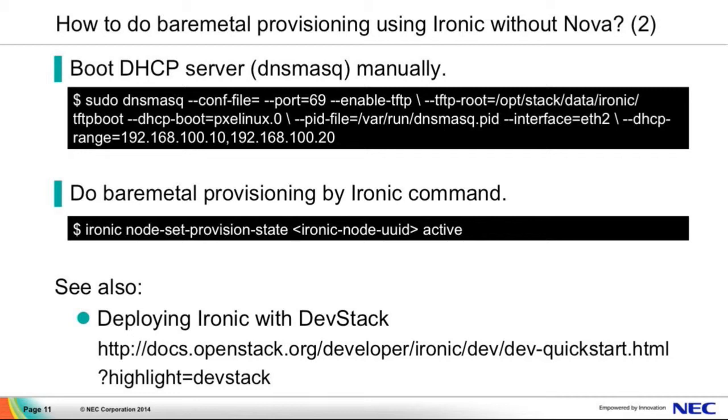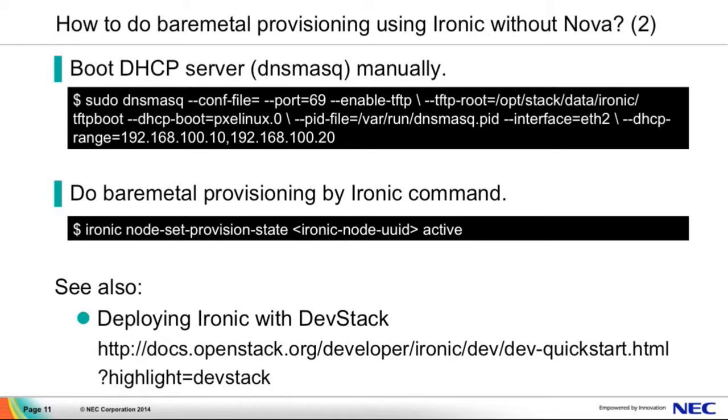In order to do bare metal provisioning without Nova, there are two key points. The first point is booting the DHCP server, dnsmasq, manually. When we build an OpenStack environment, dnsmasq is booted by DevStack automatically, as you know.